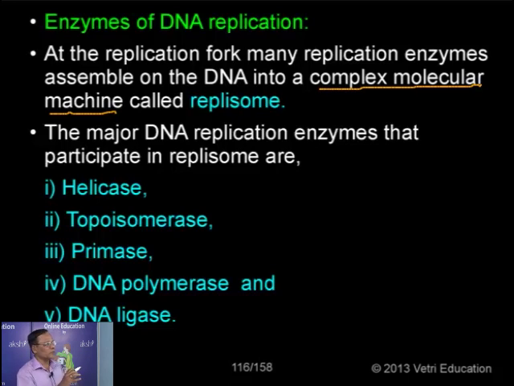I am using the word machine because they are doing some actions. So these complex molecular machines, all the enzymes together, are called the replisome. The word replisome is nothing but a group of enzymes which take part in the process of replication. We have the following major DNA replication enzymes.